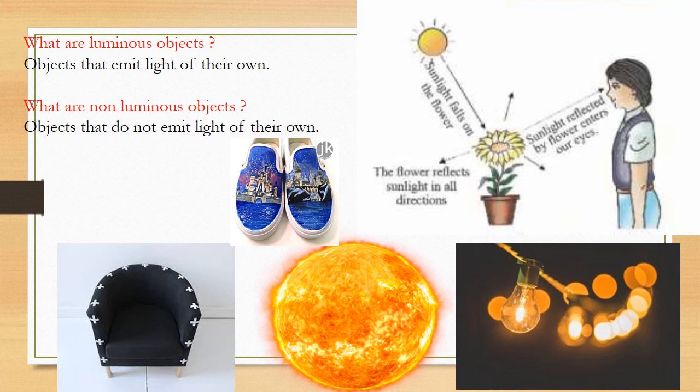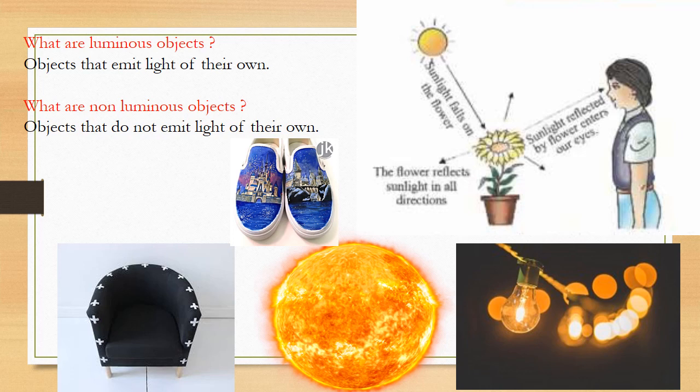Similarly, if you see the chair, in that case also it does not emit light of its own. So those objects that emit light of their own, we call them as luminous objects. And those objects that do not emit light on their own, we call them as the non-luminous objects.